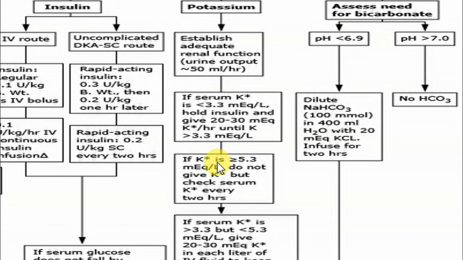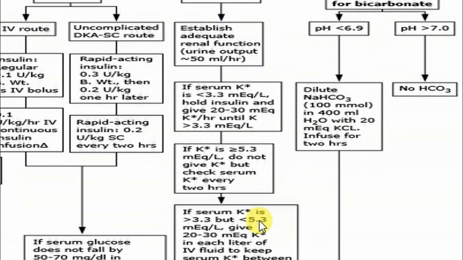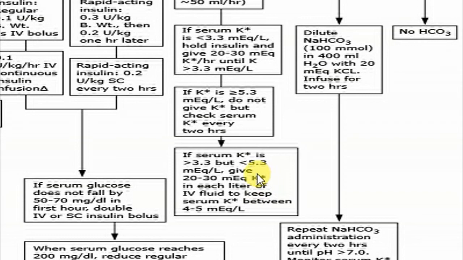If potassium is more than 5.3 mEq per liter, do not give potassium but check serum potassium every 2 hours. If serum potassium is more than 3.3 but less than 5.3, 20 to 30 mEq of potassium should be added to each liter of IV fluid to keep serum potassium between 4 to 5 mEq per liter. In this way, we can manage the potassium.